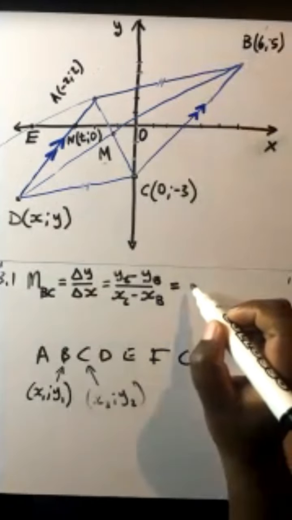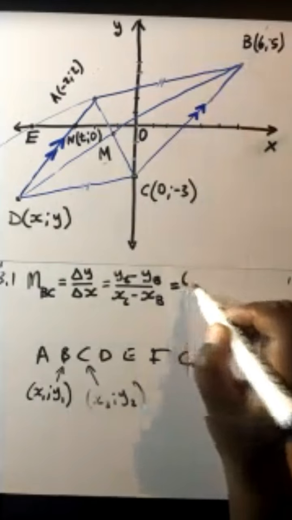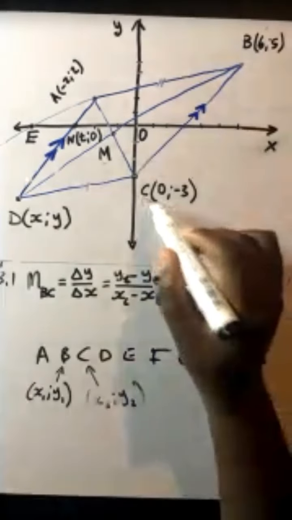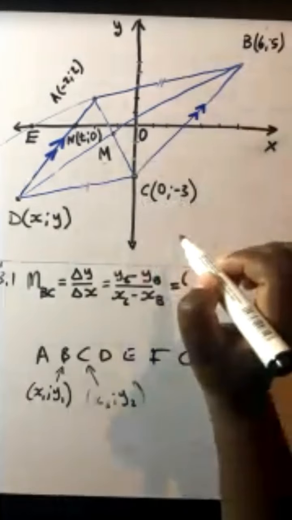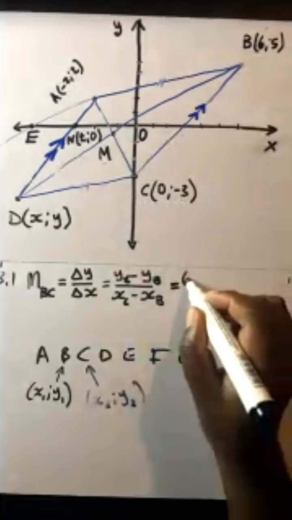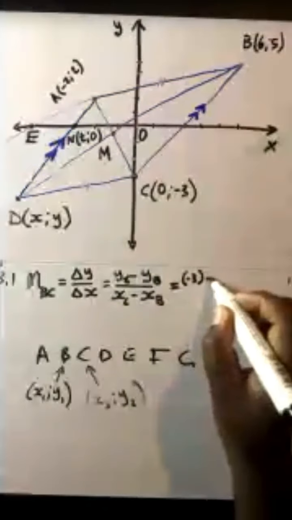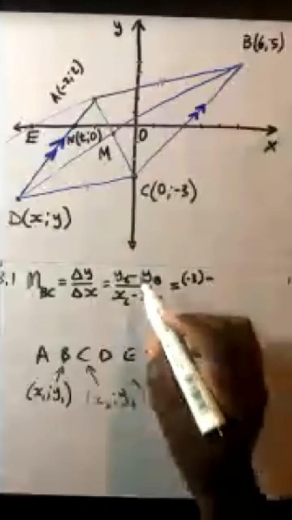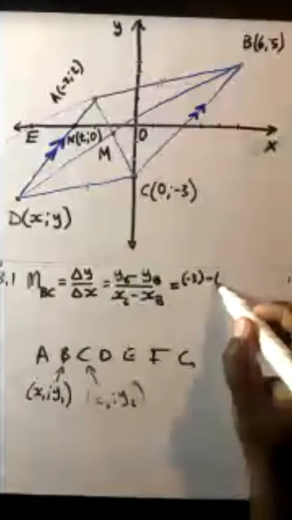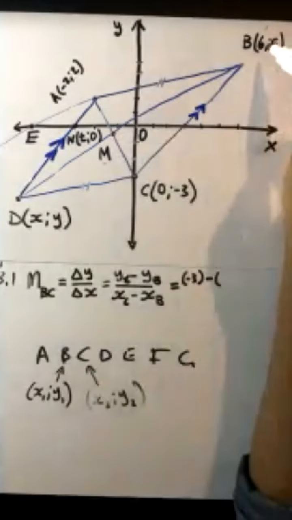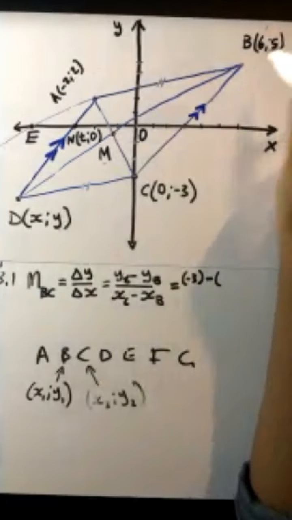Let's see, what is our y2? In brackets, ladies and gentlemen, our y2 is the y value of C, which is -3, minus, from the original formula, what is the y of the point B?